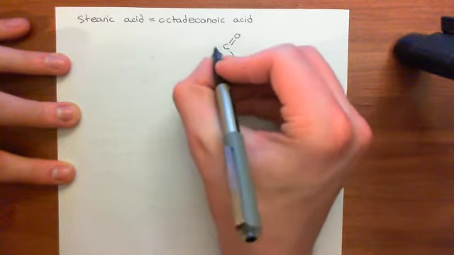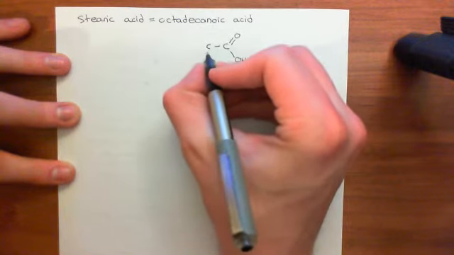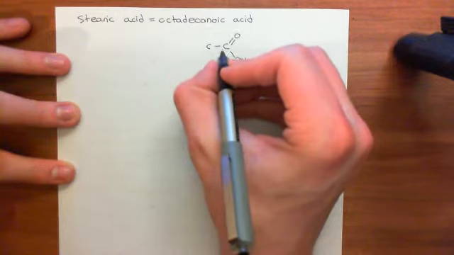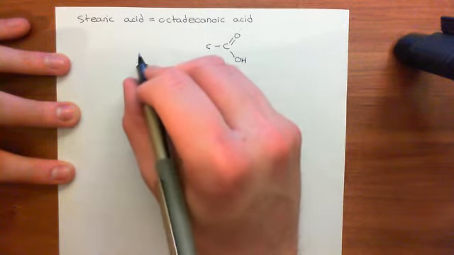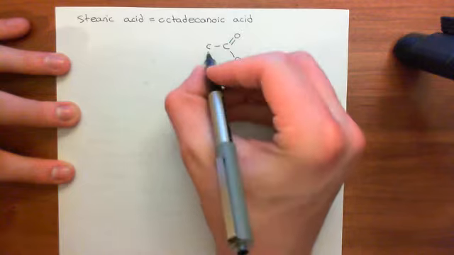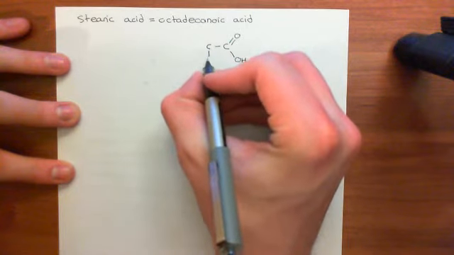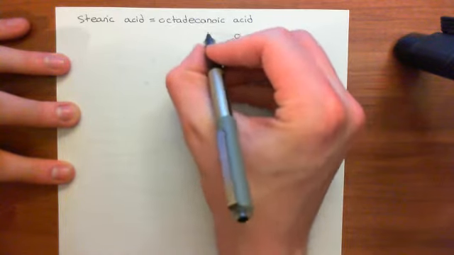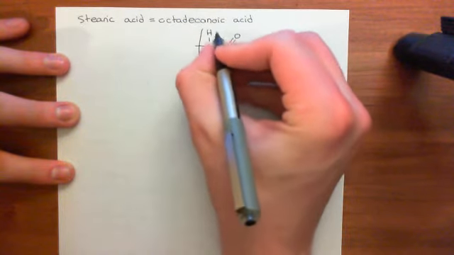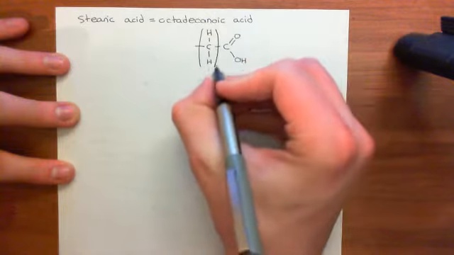Here's the carboxylic acid group, and then we need 17 more carbons. We've got our first carbon. The other 17 carbons are just going to be completely saturated with hydrogens. 16 of these are going to be in methylene groups. Here is a methylene group, and we're going to repeat that 16 times.